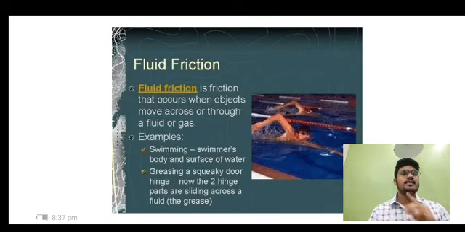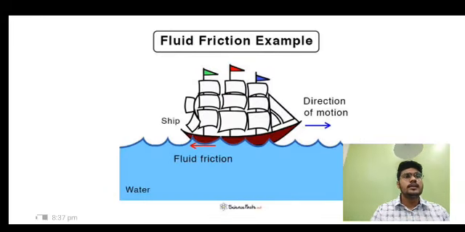Okay, let us make things simple. Why learn it in a complex way? If a solid surface is moving on a solid surface, then it is static friction, kinetic friction or sliding friction, or rolling friction. But here the surface is not solid, the surface is liquid or gas, then it's a fluid.